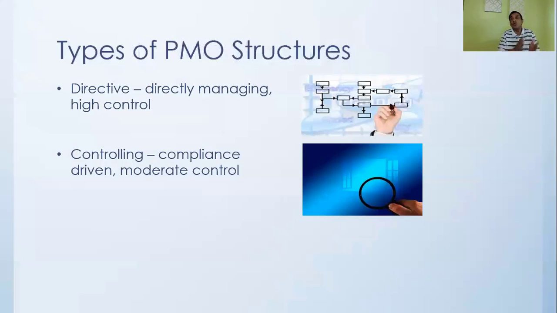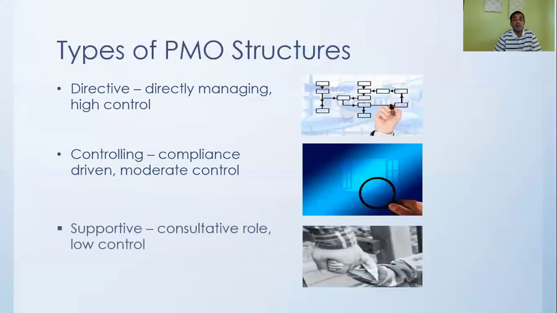So in effect, though they are not directly managing a project, they are keeping a control through compliance by asking you to comply with different standards through audit and so on and so forth. And then there is this supportive type of PMO.